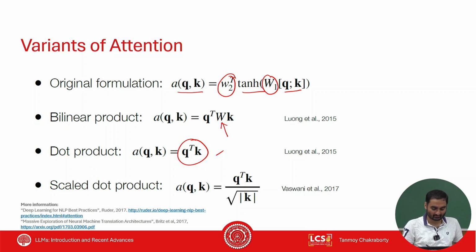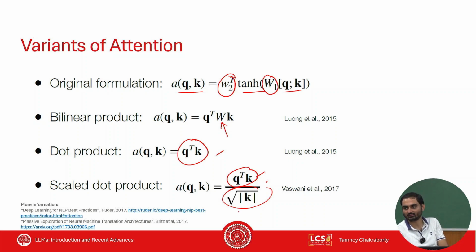The transformer paper uses something called scaled dot product attention, where we take the dot product and this dot product is normalized by the size of the vector. What is mod k? Mod k is the size of the value, and you take the root of this. So this is scaled by the size of the vector. There is no intuition, by the way. These are different engineering hacks.